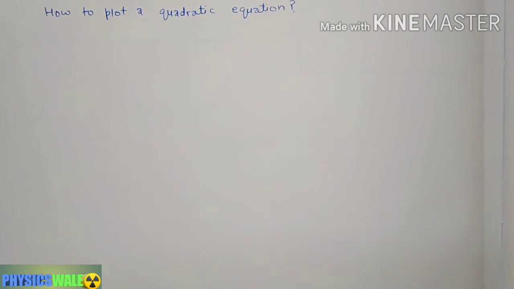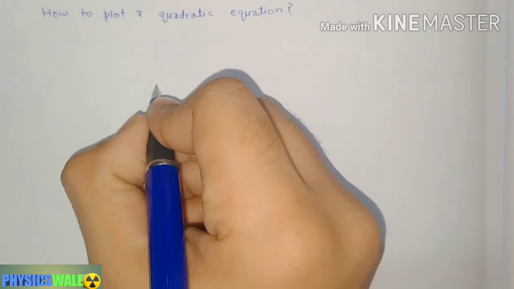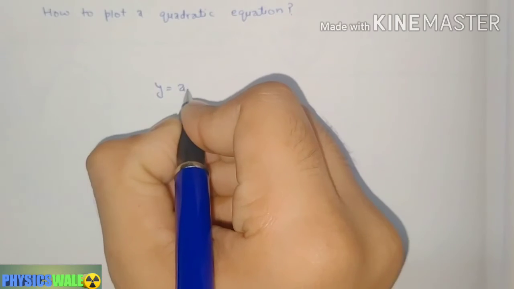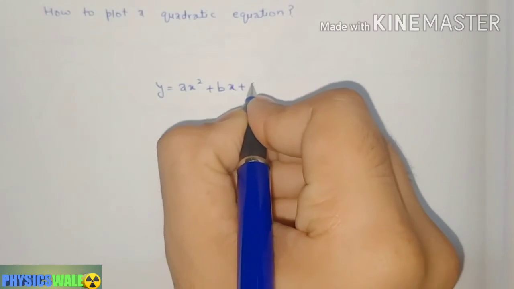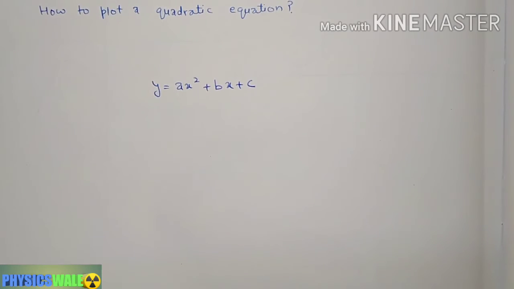Let us learn how to plot a quadratic equation. A quadratic equation of the standard form, that is y is equal to ax square plus bx plus c, can either open upwards or downwards. It cannot open towards the right or left.